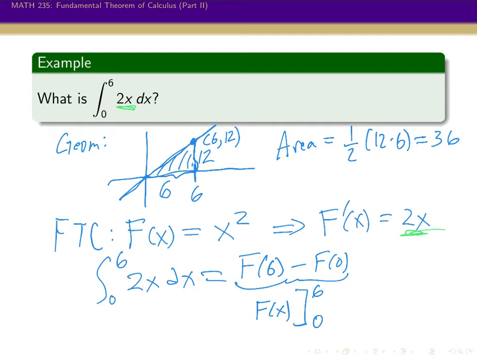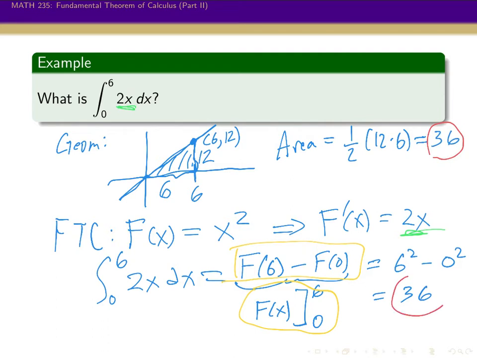So this notation is the same as this, and that's the shorthand that people often use. And let's actually plug this in. Plugging in, we get 6 squared minus 0 squared, which, as we see, gives us 36. Okay, and so these two values match, and the fundamental theorem of calculus has worked.